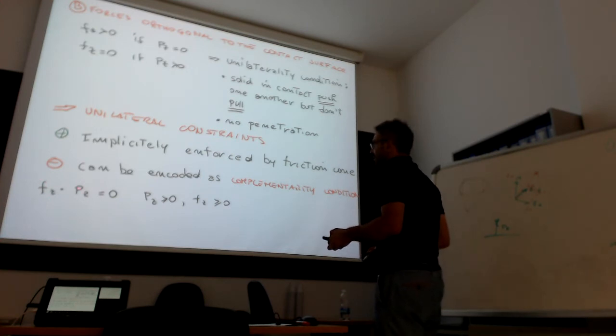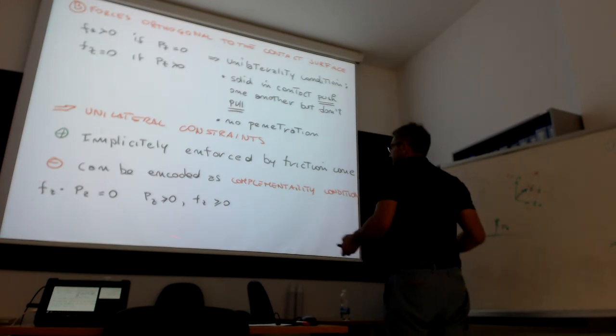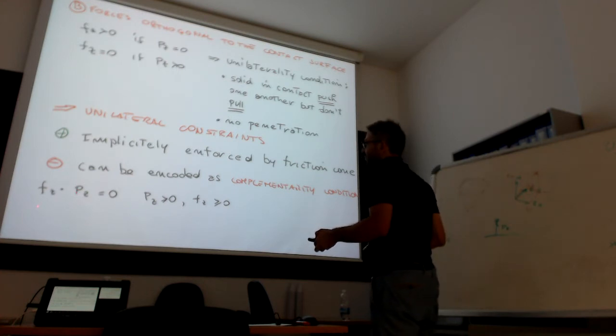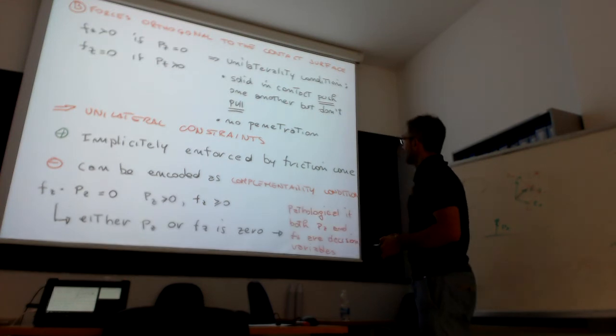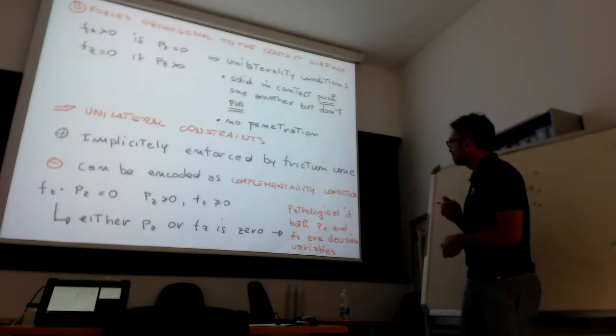Otherwise, if it is out of contact and different than zero, then f is forced to be zero. But this is pathological if we are using both fz and pz as decision variables.